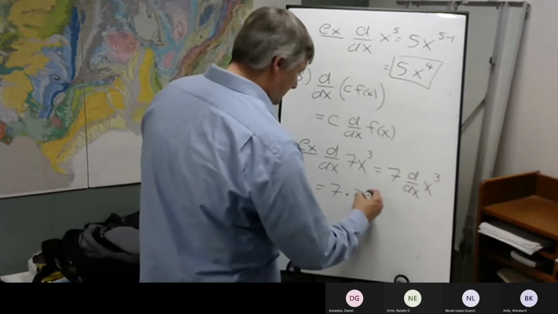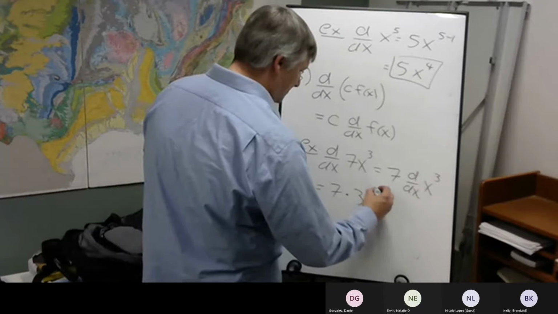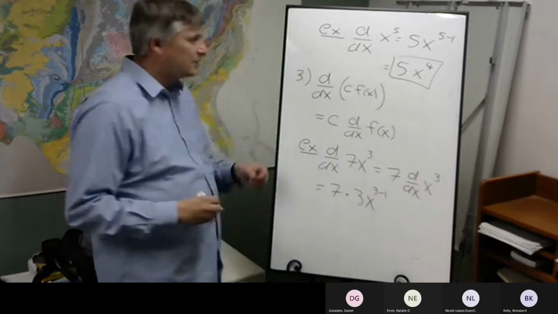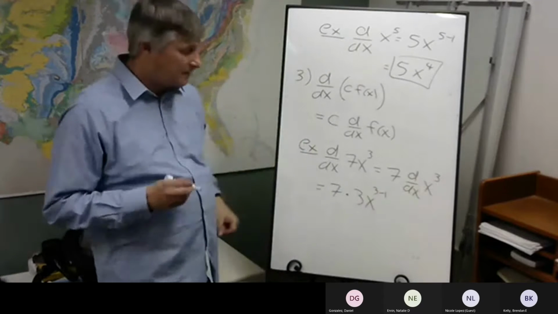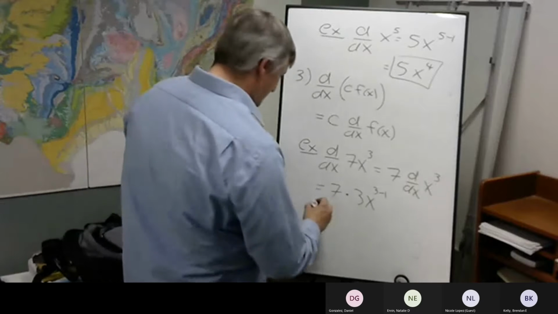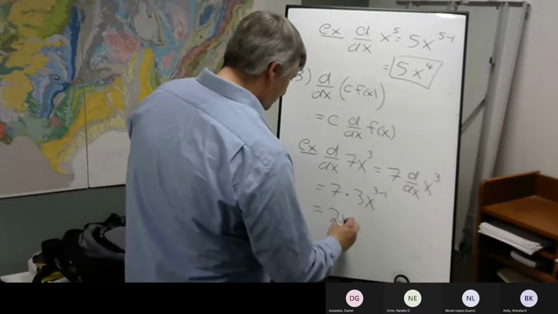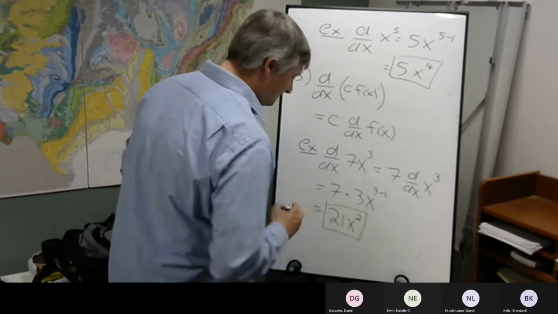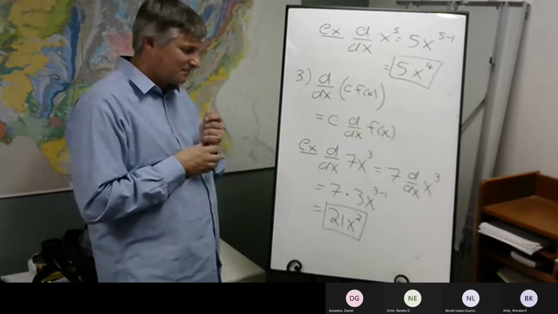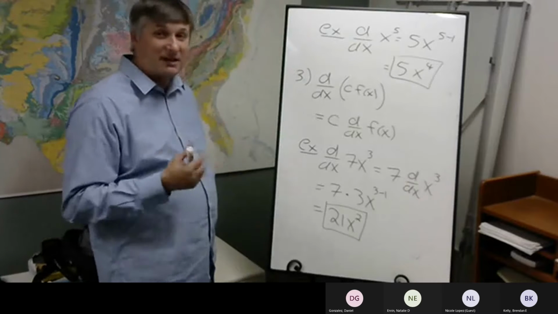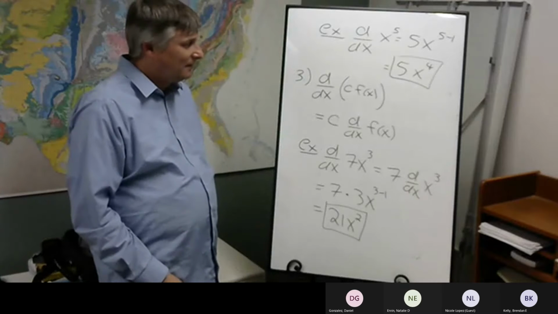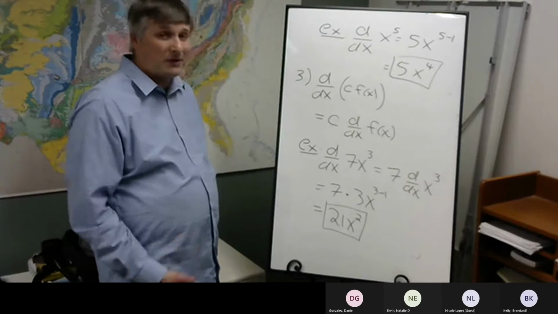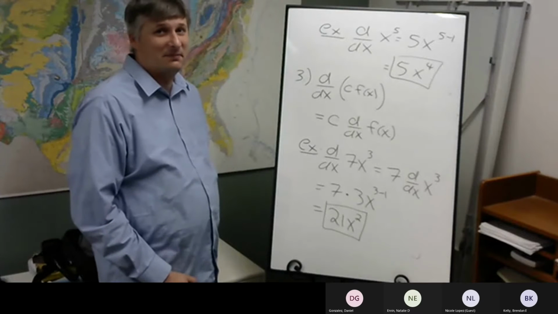So that's going to be 3 times x to the 3 minus 1. Again, we're using the formula for this up here. So this will become 21x squared. And that's it. Questions about that?